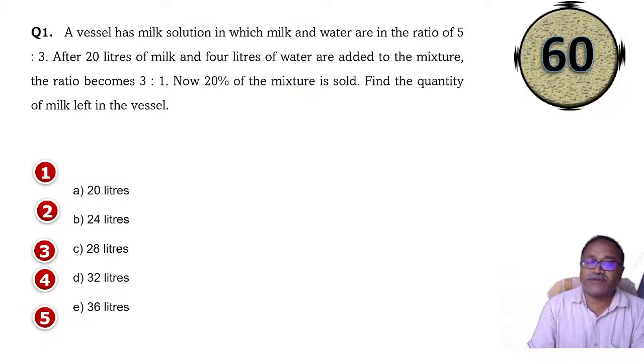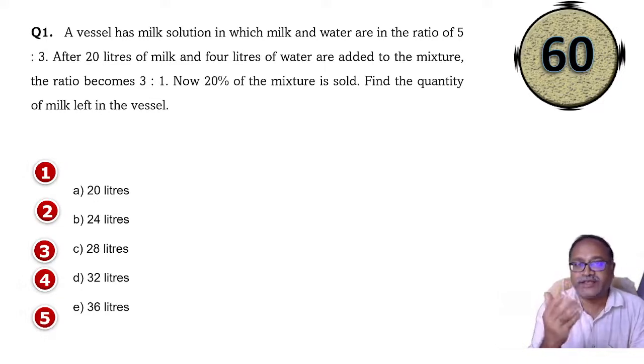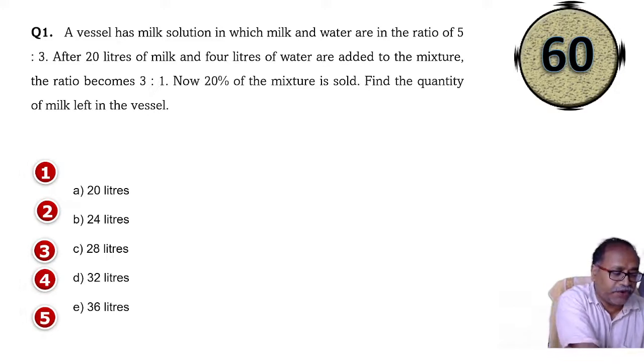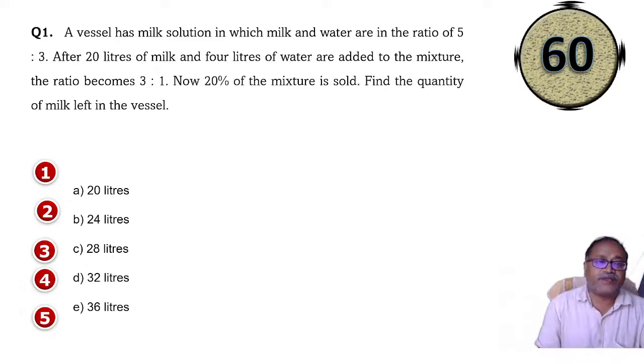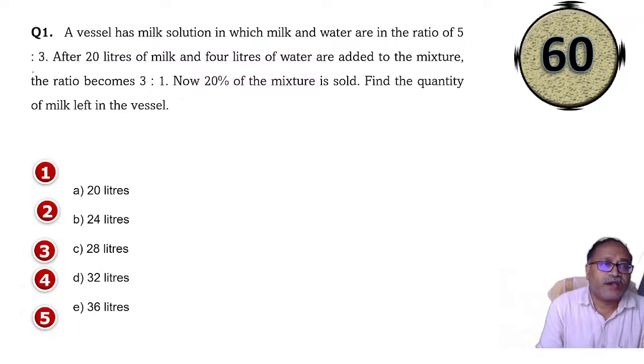So we'll straightway go ahead with the question. This is the very first question. As we discussed, we will discuss 10 questions. Let's begin with this, and all the questions are very important. A vessel has a milk solution in which the milk and water are in the ratio of 5:3.